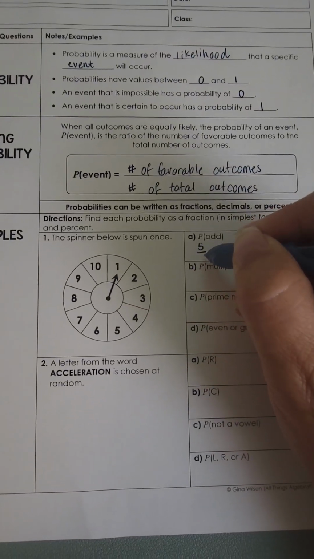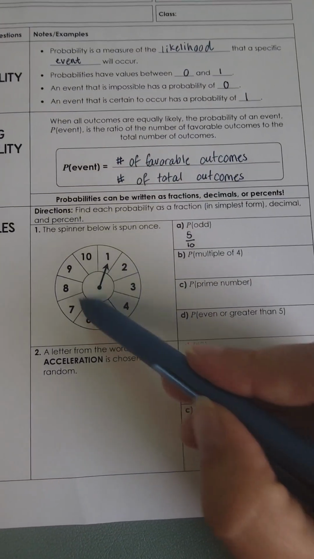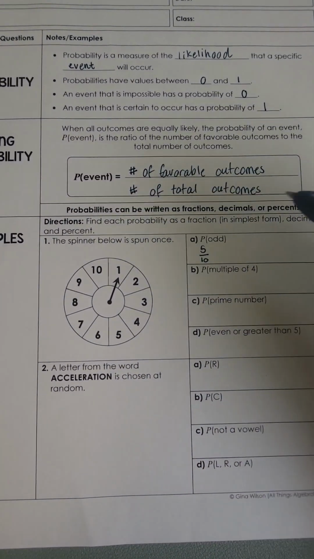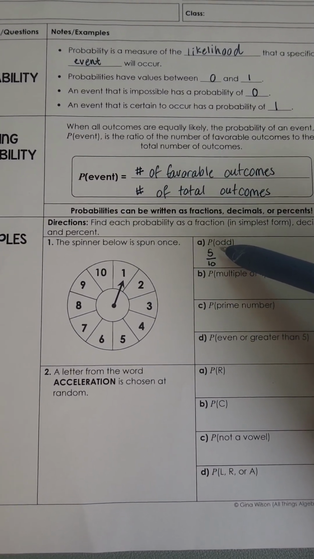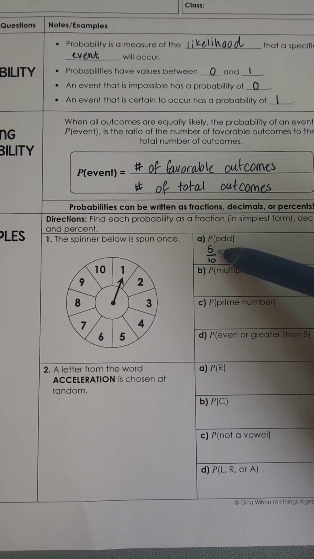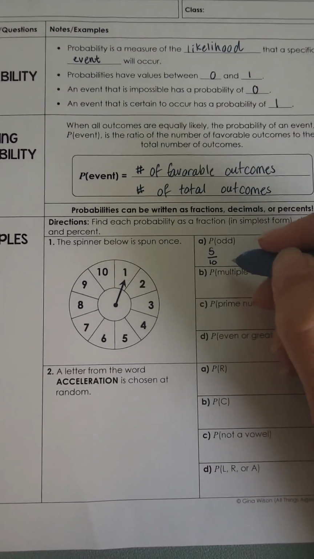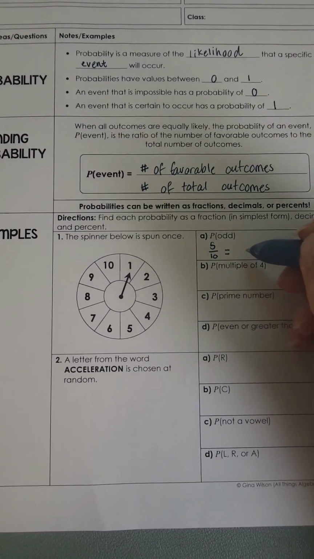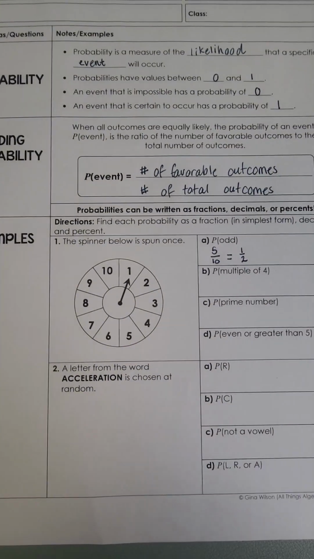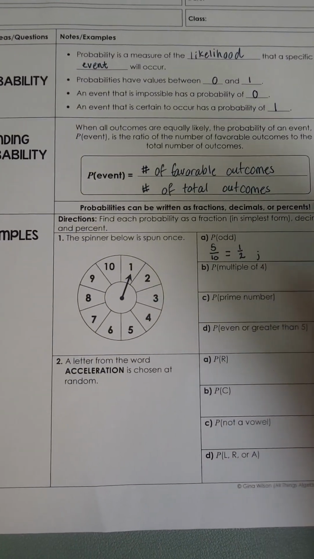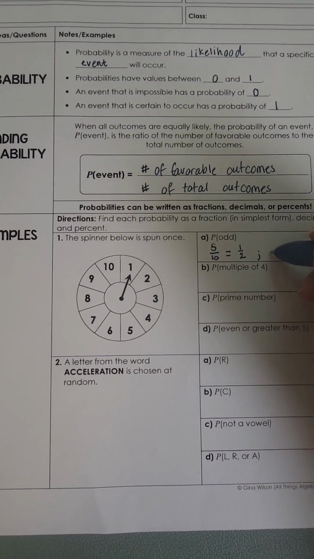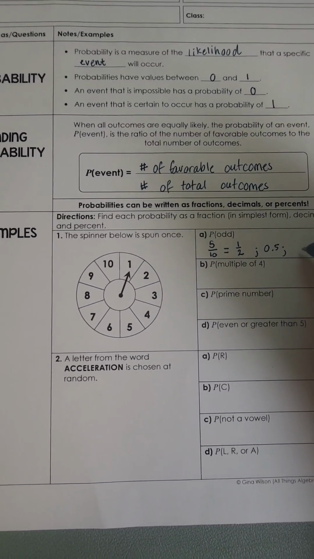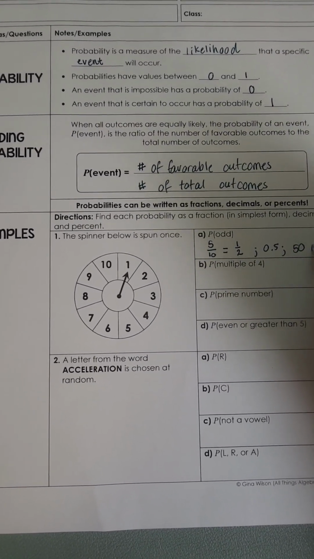There could be 10, because I have 10 possible numbers or sections the spinner could land on. So my probability of getting an odd number is 5 to 10. We're surely not leaving it as such. We have to simplify. That is 1 over 2. Or if you want to write it as a decimal, 0.5. Or in percent, 50%.